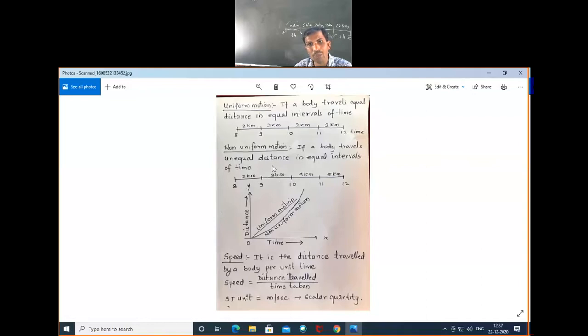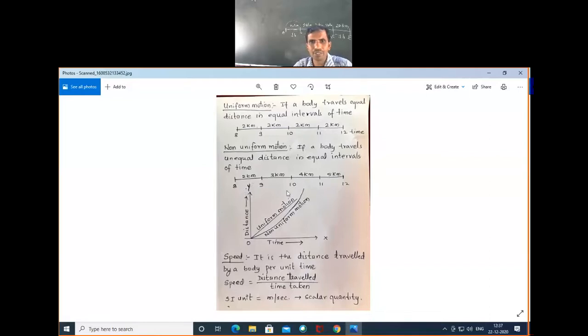Then 4 kilometers in the next 1 second. To travel 5 kilometers, he has taken again 1 second. So the body is traveling unequal distances in equal intervals of time. That is called non-uniform motion.